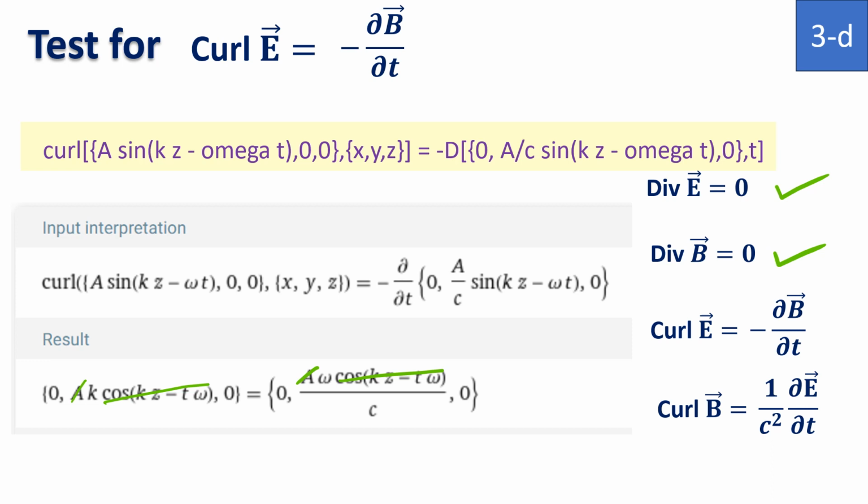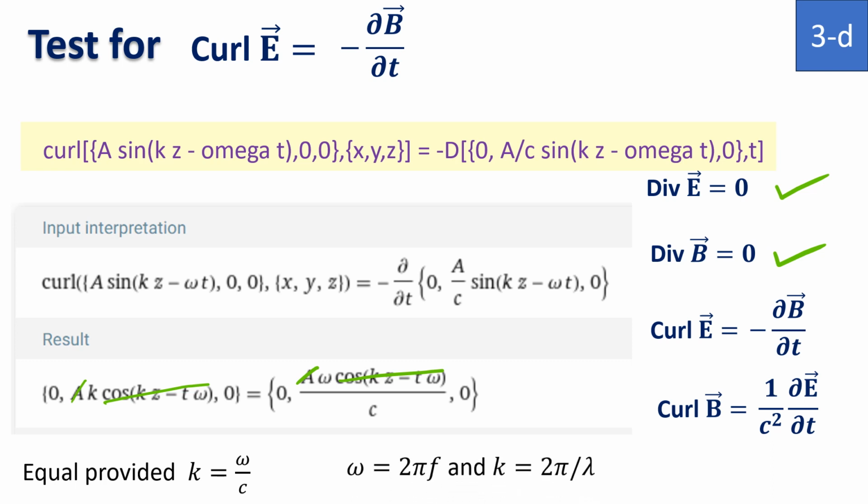Additionally, it gave the condition that the solution is valid, provided that k equals omega divided by c, which is quite right for the wave equation. So we are really excited that the solution obeys the Maxwell equations and Wolfram Alpha was able to do it.